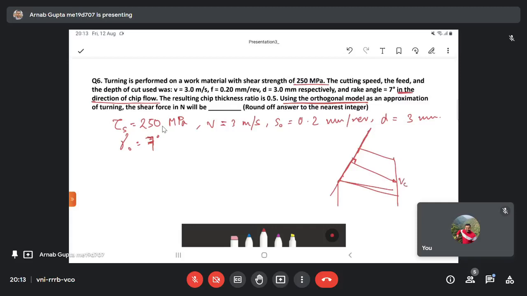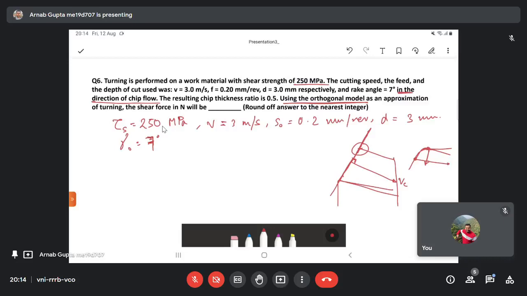In this case you also have to assume another thing. If you zoom into this portion, it will actually look like this. This is the nose radius. So you also have a nose radius effect: for the material intercepted here, the chip flow will occur in this direction, and for the material intercepted here, the chip flow will occur in this direction.